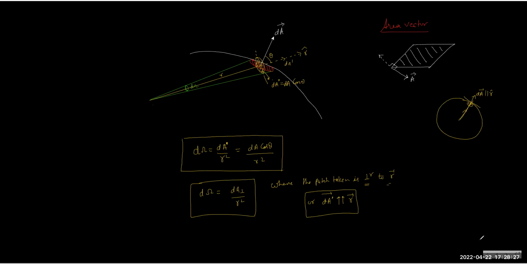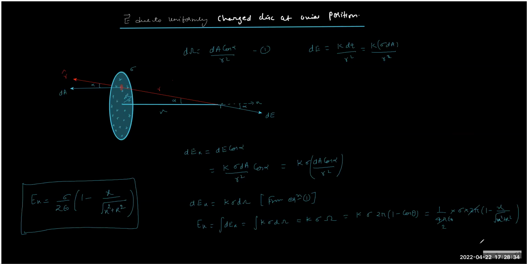Then we tried to derive a generalized formula for the solid angle, and we got this answer. And then we applied the same concept to a disk problem, and we got the same result but slightly in a different method.